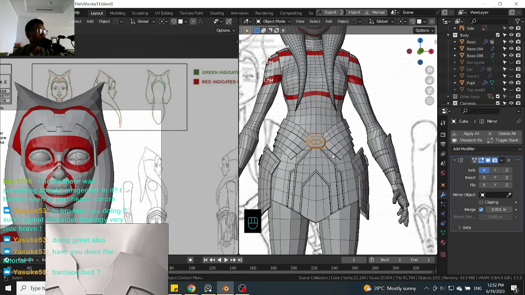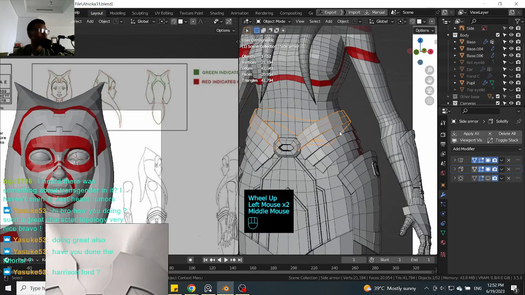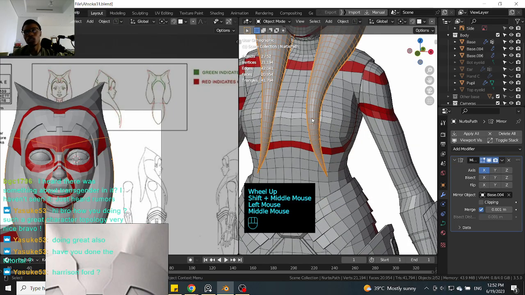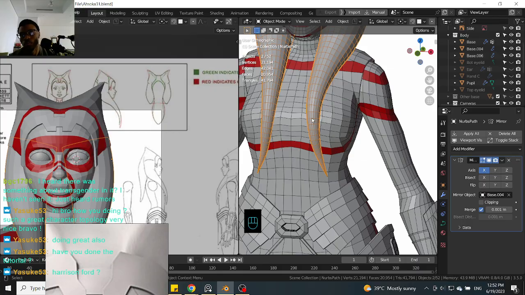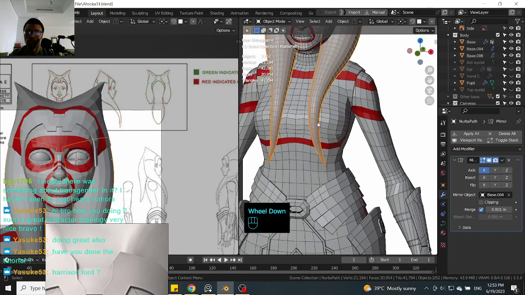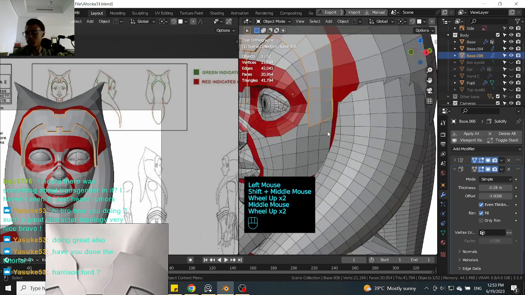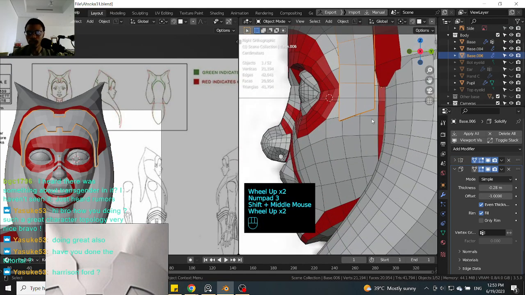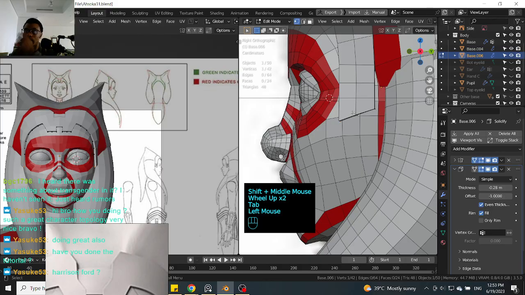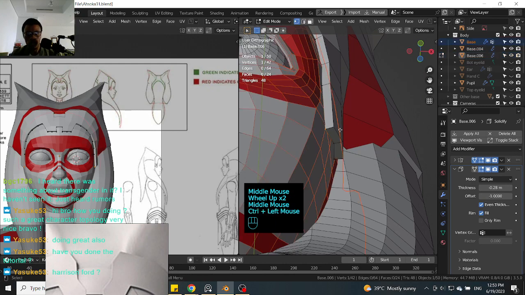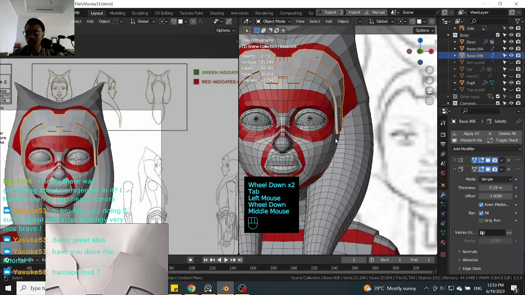Have you done a tutorial, Harrison Ford? Yeah. So right now I'm not doing a full character tutorial. I've done tutorials on how to model an eye or a hand, but not a full character tutorial.